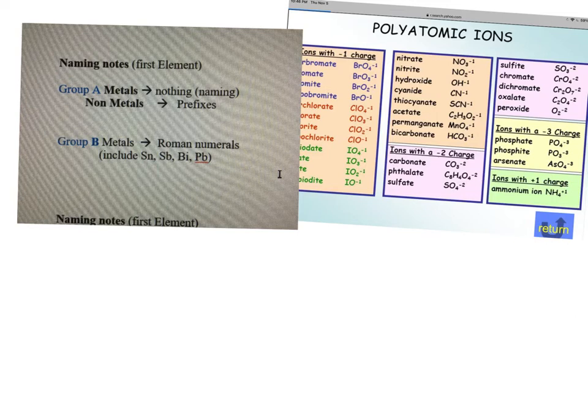Okay, so now let's do another example. Let's take something like Na3P. Okay, so Na is a group A metal.